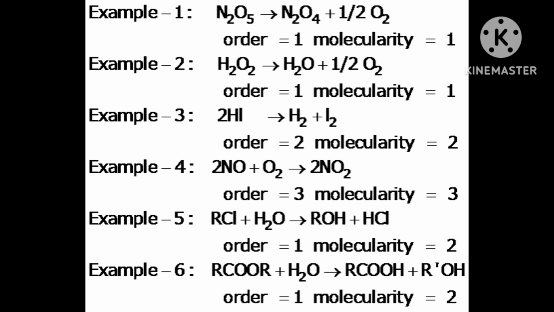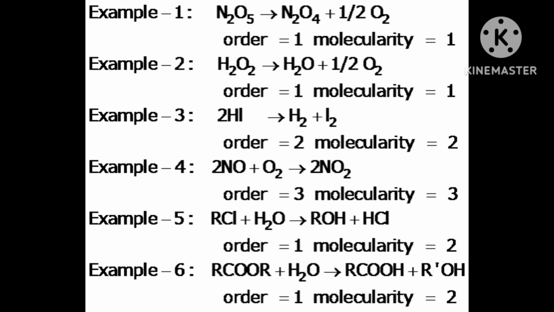Now for zero order, what will be the unit? Concentration you can write as mole per liter, divided by time. Time again will go up, time minus 1. Then you can write mole per liter per second.